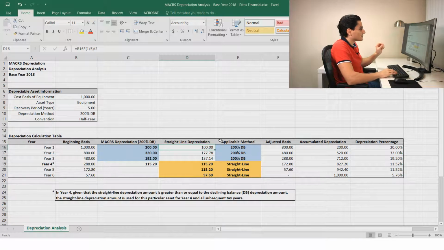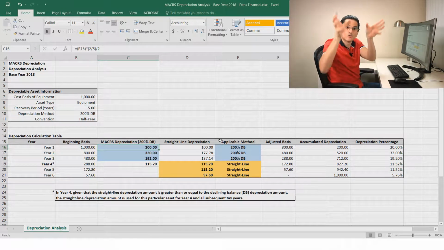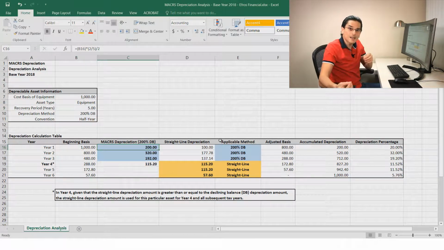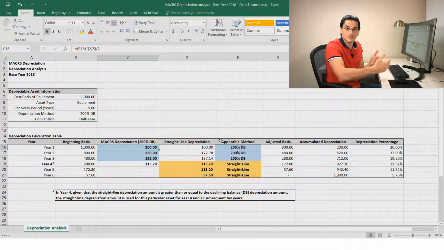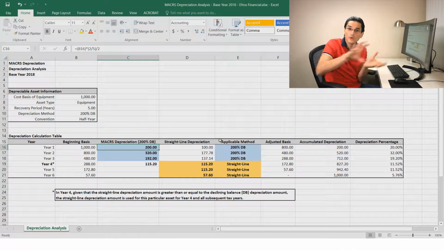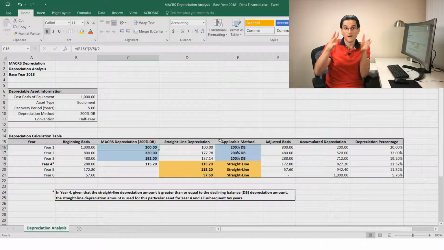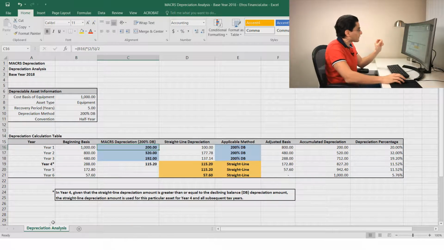So in each tax year, we're actually calculating both in parallel and seeing which one's bigger. In the tax year in which the straight line depreciation is equal to or greater than the 200% declining balance depreciation, then you switch to straight line depreciation for that tax year and for all subsequent tax years for that particular asset.